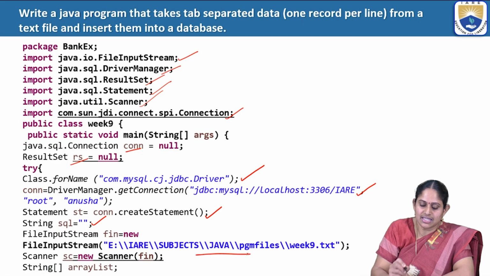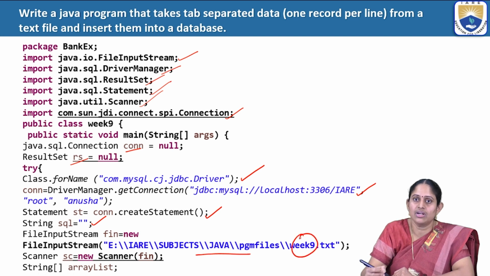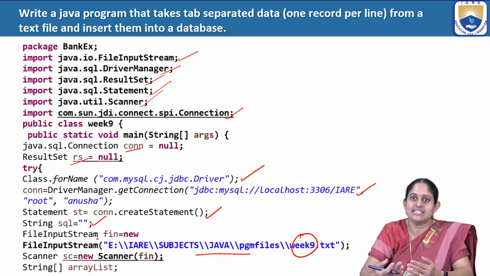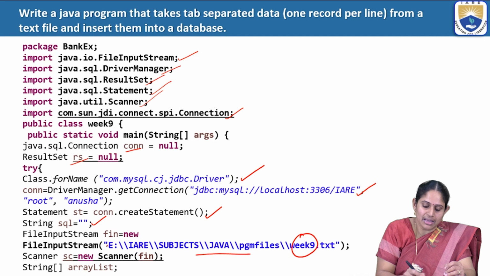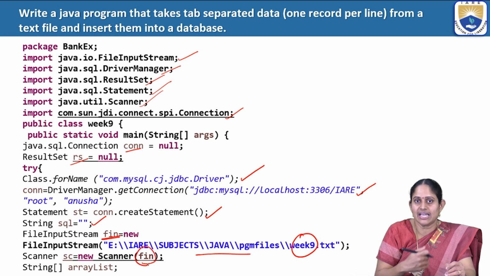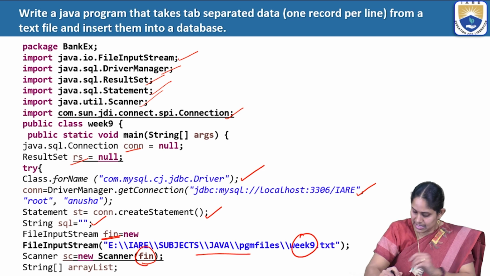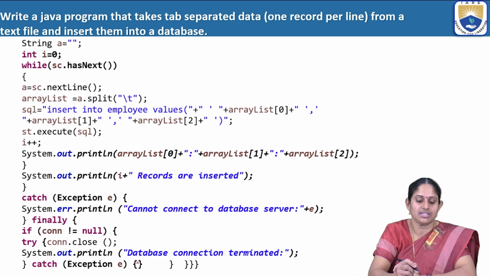So here we are passing the path where my file is stored to the file input stream, so that it creates an object and opens it to read the data from it. And I am passing this input stream object to the scanner class, so that we can read the data from the file. Then we are declaring a string array, which is used in our program.